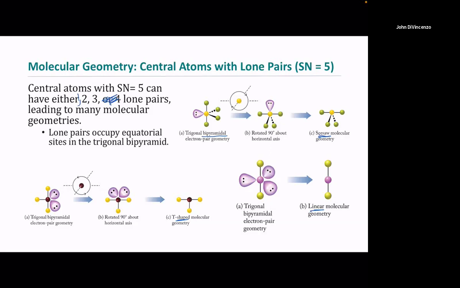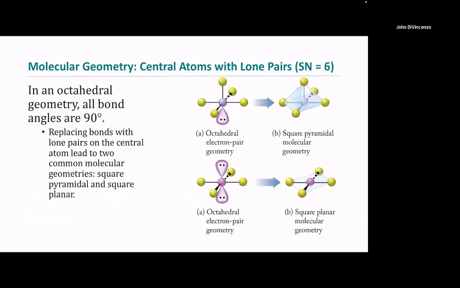And then you've got the last one, the octahedral, which is 6. And let me get the octahedral out. This is the one that doesn't matter where you take that first electron pair from, because it's completely symmetrical.